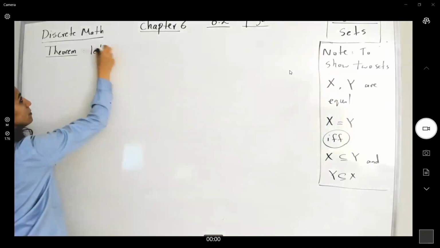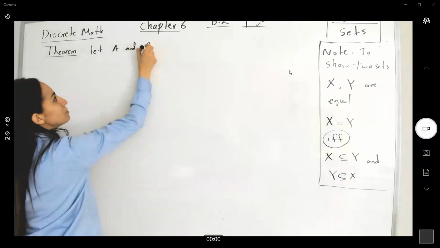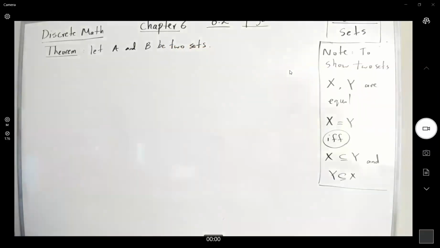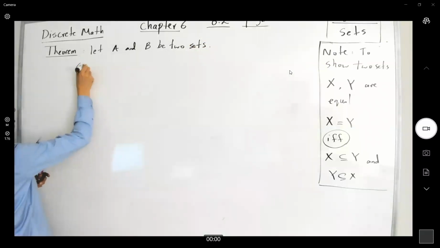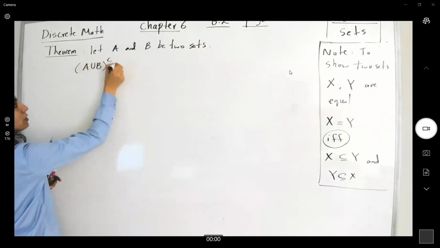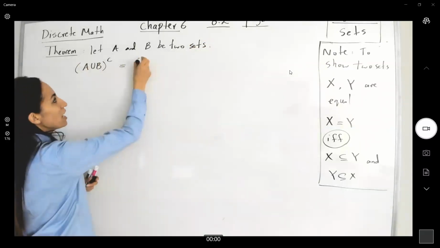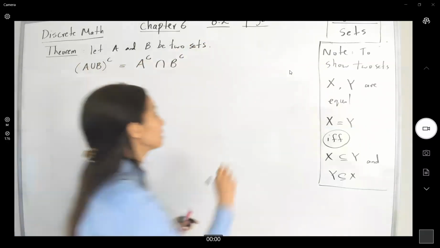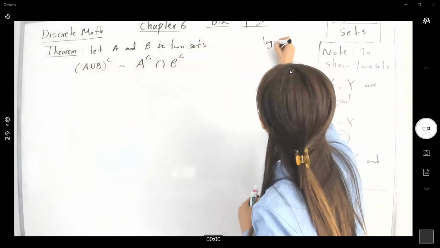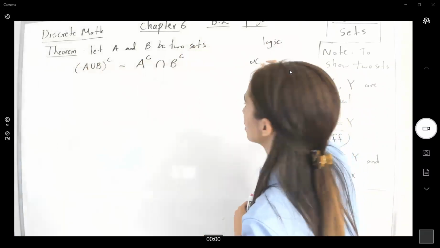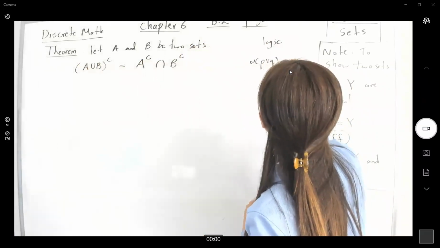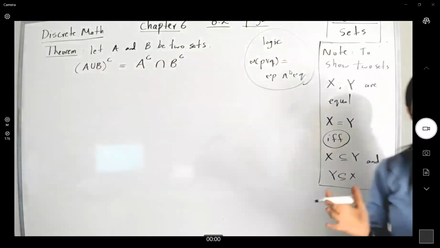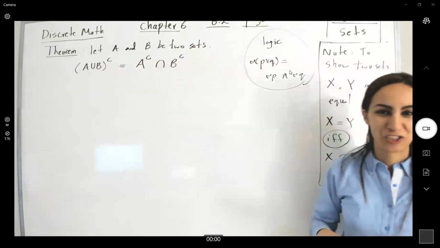Let A and B be two sets, then A union B complement is A complement intersection B complement. Again, remember that in logic we had the negation of P or Q equals not P and not Q. So the complement acts like negation.